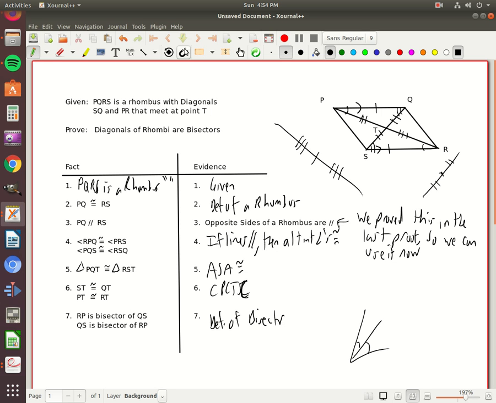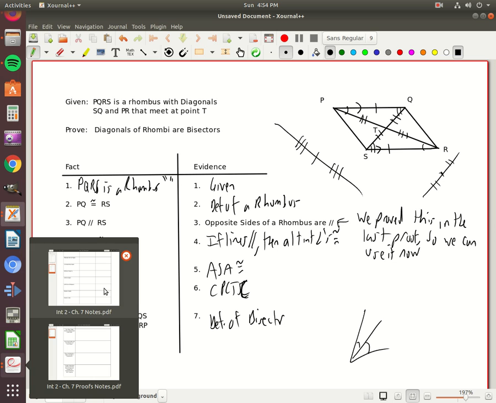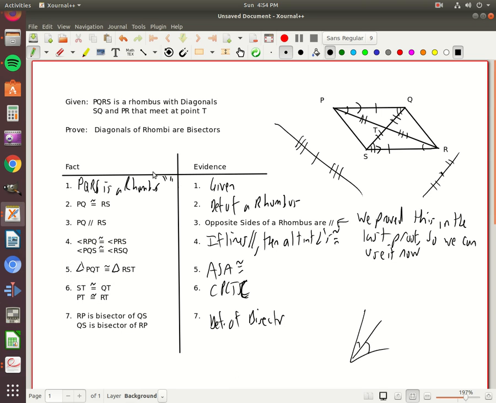So again, proofs are tricky, no doubt, but I think especially if we're really focusing on these notes, it can really help us find our way through it. If you just go through, I started with the given, I ended with what I was trying to prove. The evidence that they gave me, the given, became evidence later.